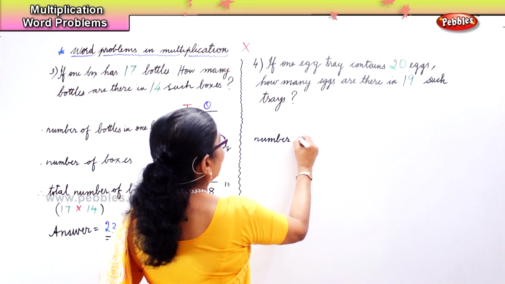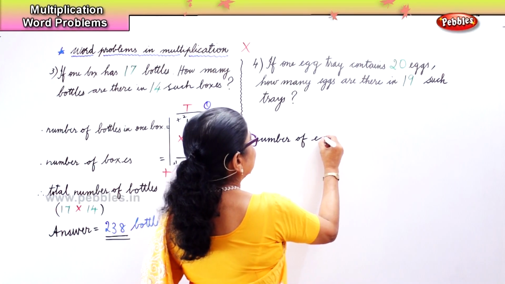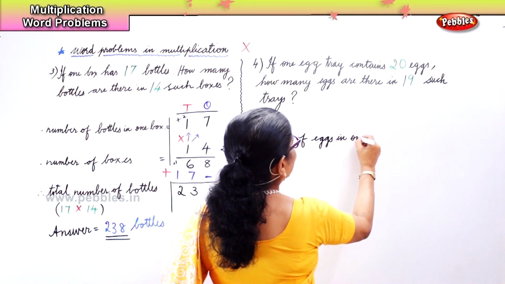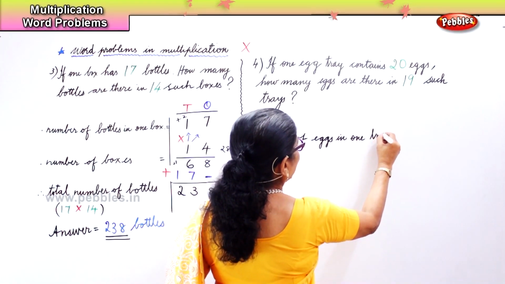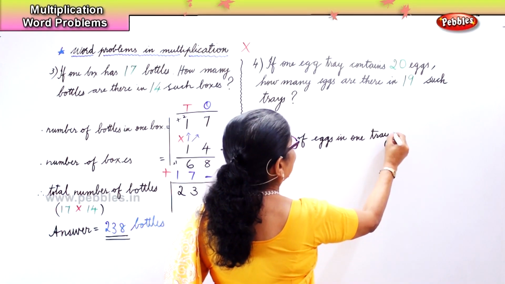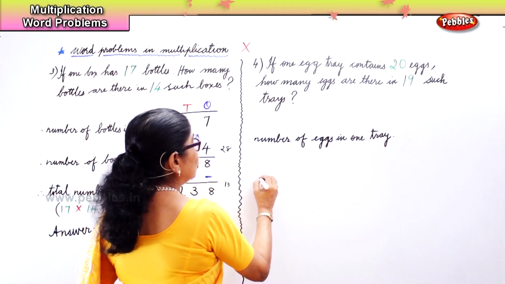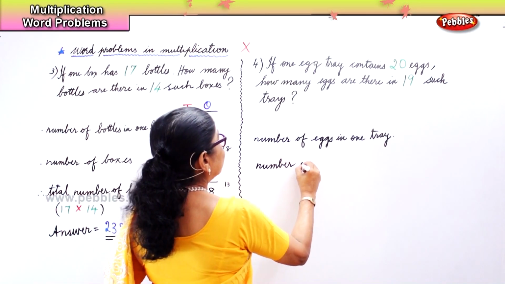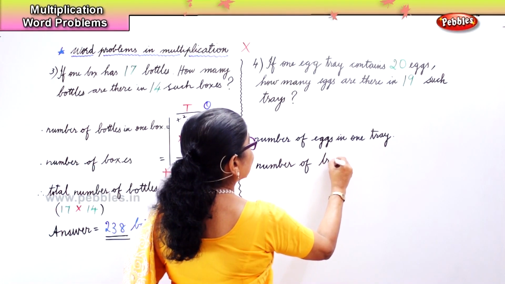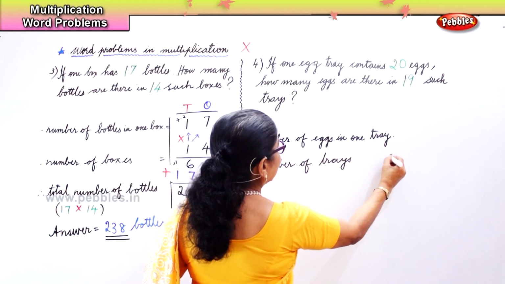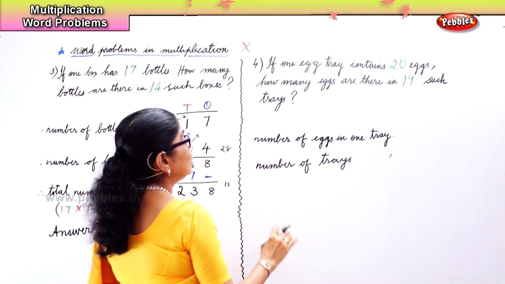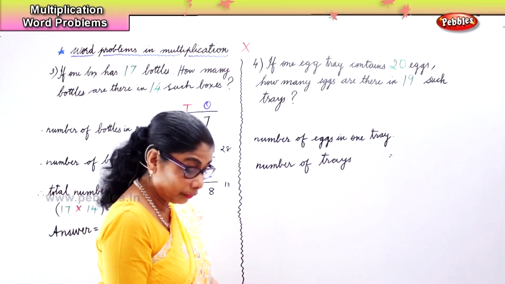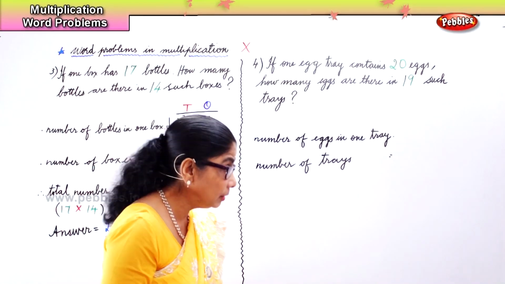Then what will be the second statement? Number of trays. Next, what is asked? How many eggs? So, total number of eggs.